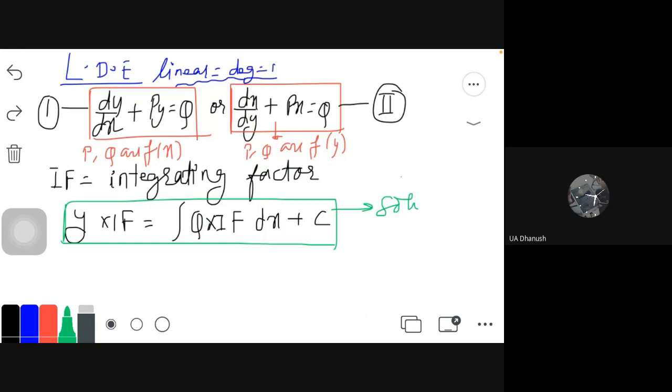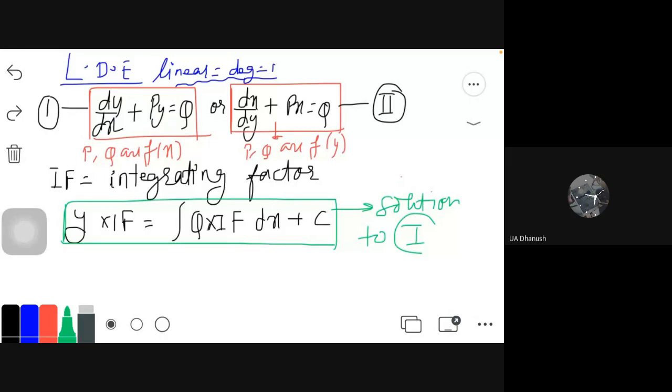So if the linear differential equation is of the first type, then its solution is given as y into integrating factor is equal to integration of q into integrating factor dx plus c.